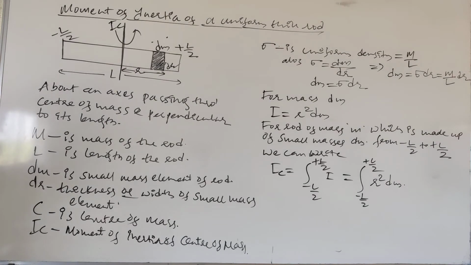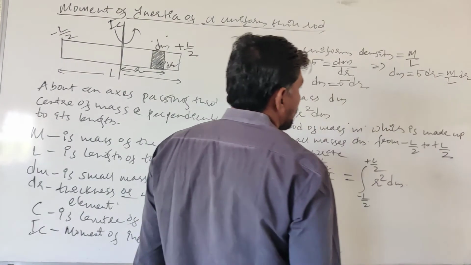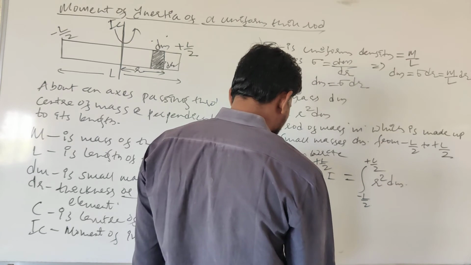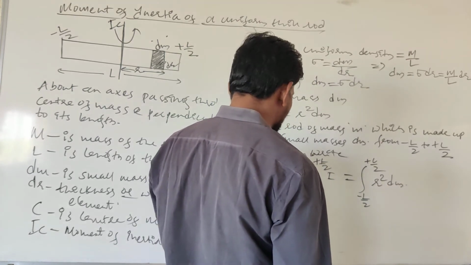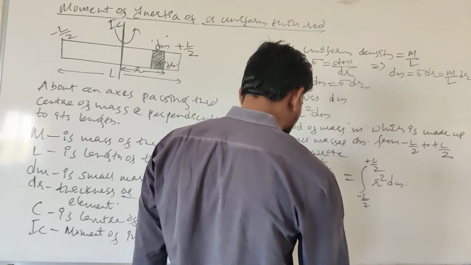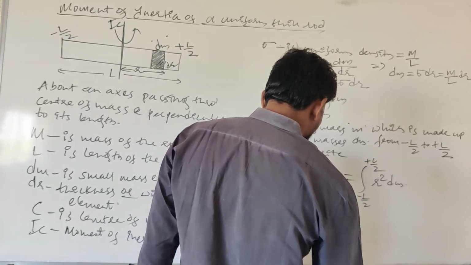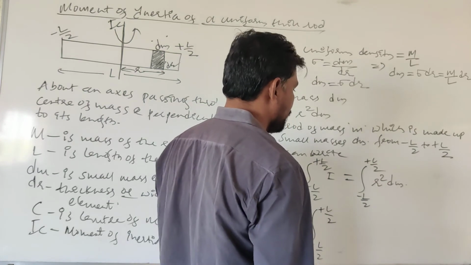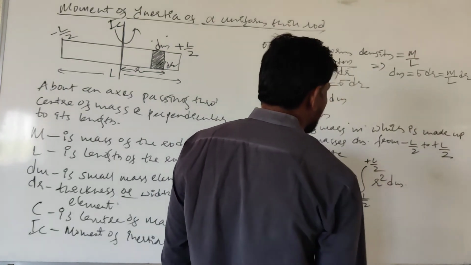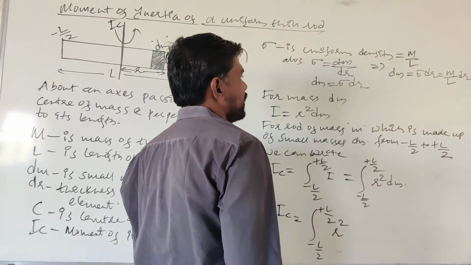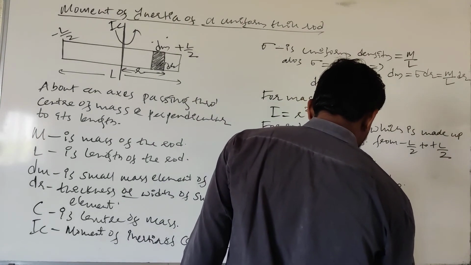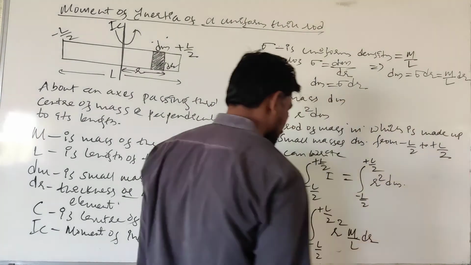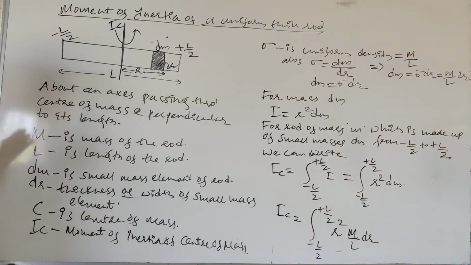So once again, see what happens. Here can I write IC is equal to moment of inertia at the center of mass is equal to the integral from minus L by 2 to plus L by 2 of R square dm. Can I write dm is equal to m divided by L into dr?